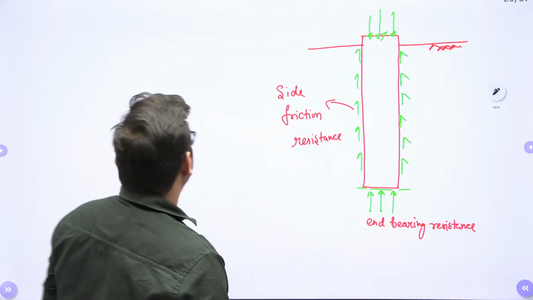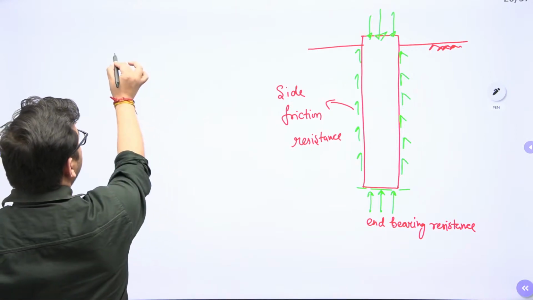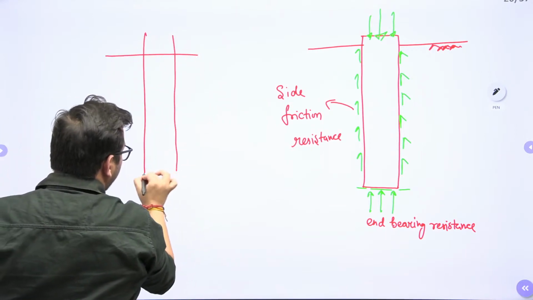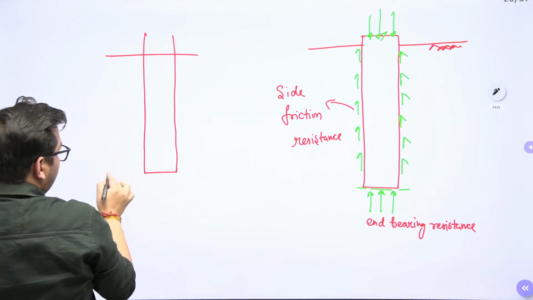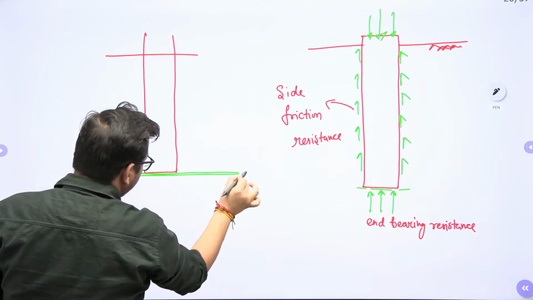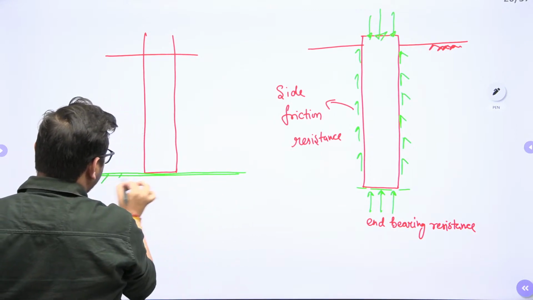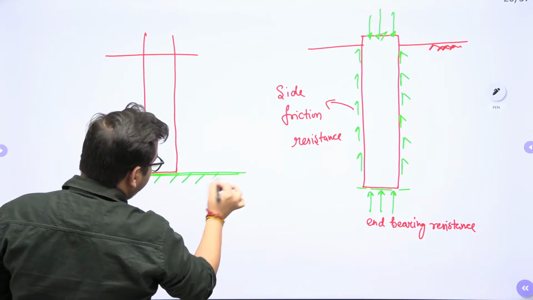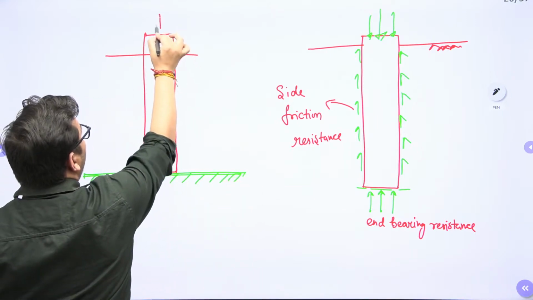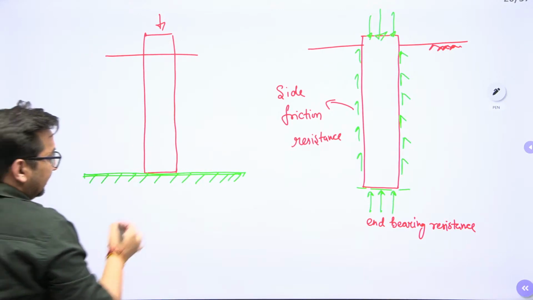What can be the different cases? Let's suppose there is one pile standing over a hard strata. Suppose this is a rock. Now if we apply the load over this particular pile, what will happen?